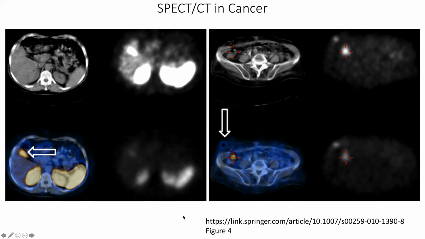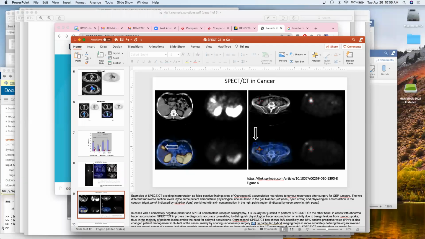And what is this one? Oh, I see. So this is an accumulation of a contrast agent, but it's not related to tumor occurrence after this person had pancreatic cancer, a GEP tumor.